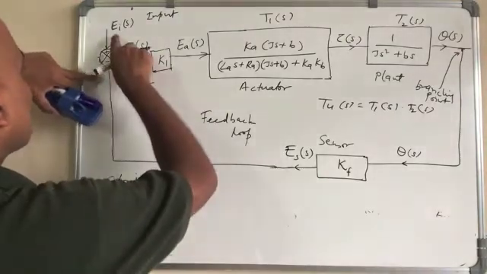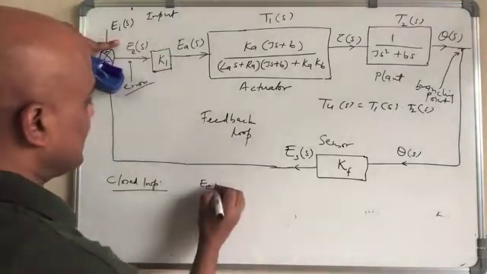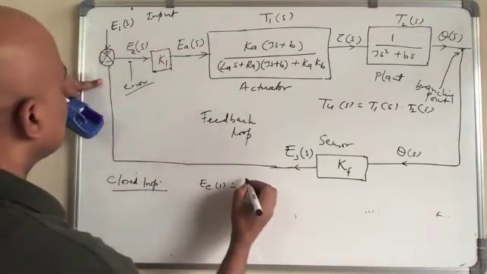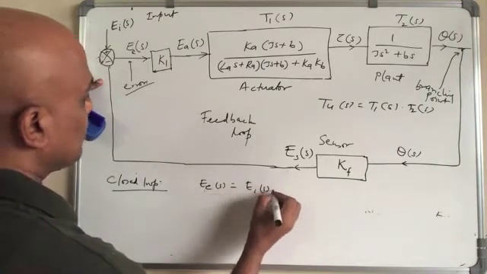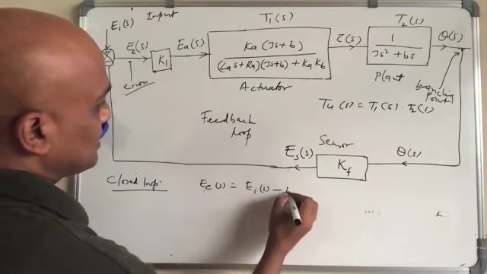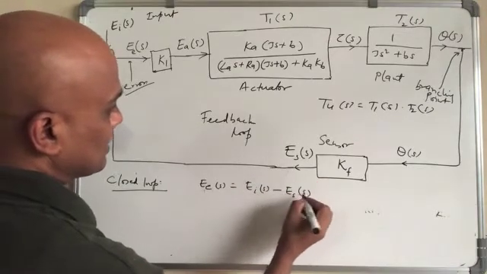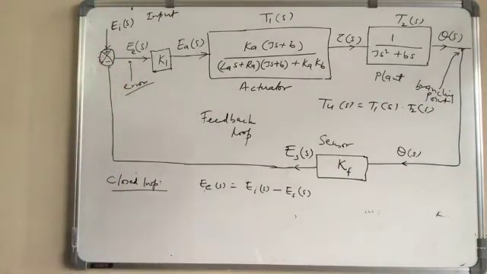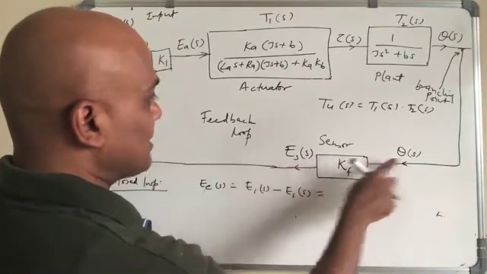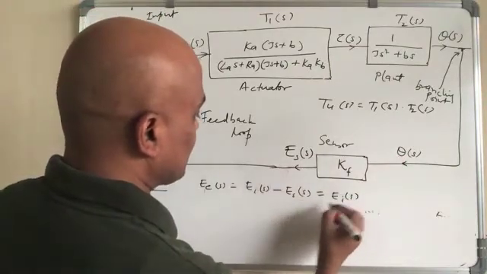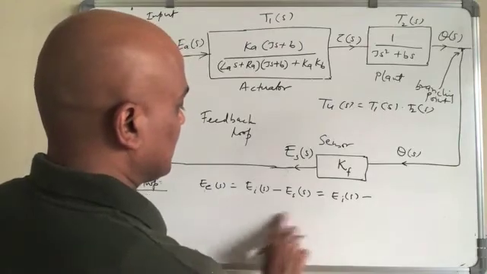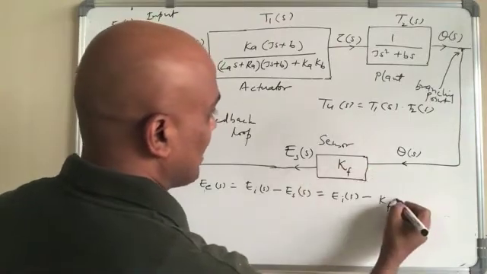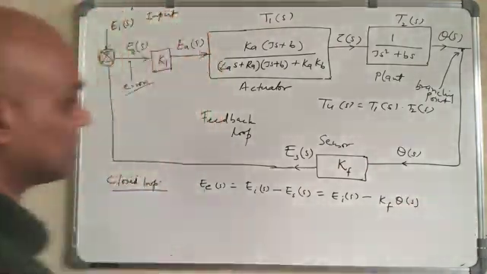Here, EES is nothing but EIS minus ESS, right? So this is what this one is, and ESS is nothing but KF, this is the feedback, KF times theta S, right?